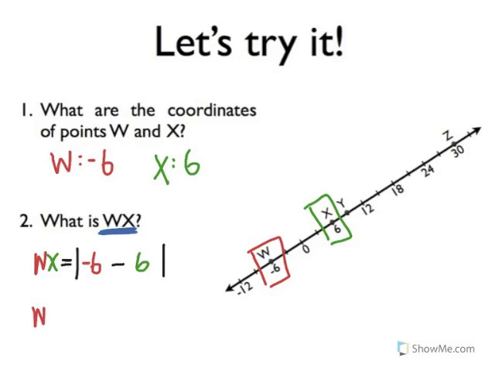So if we do our algebra here, we find out that WX is the absolute value of -12. And the absolute value of -12 is +12. So the distance from W to X is 12.